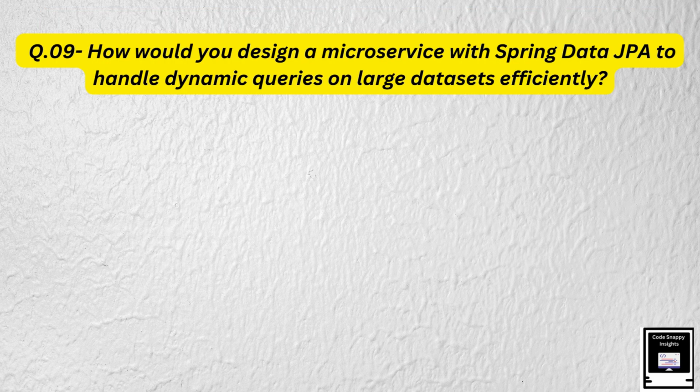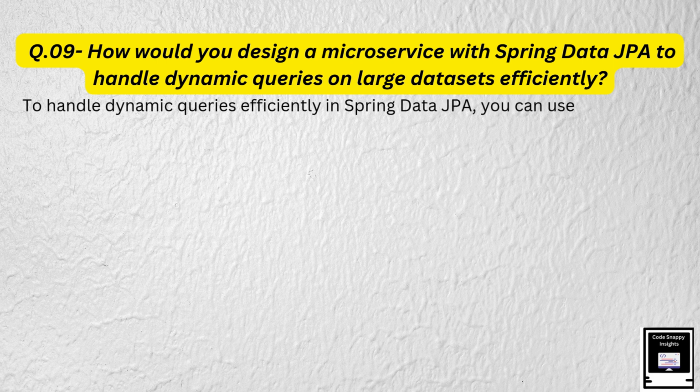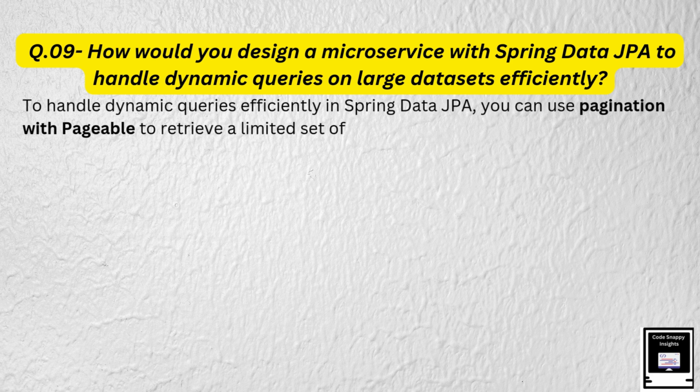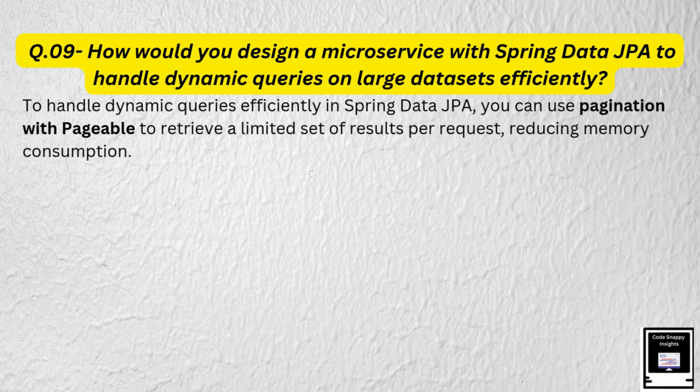Next question: how do you design a microservice with Spring Data JPA to handle dynamic queries on large datasets efficiently? To handle dynamic queries efficiently in Spring Data JPA, you can use pagination with Pageable to retrieve a limited set of results per request, which reduces memory consumption.